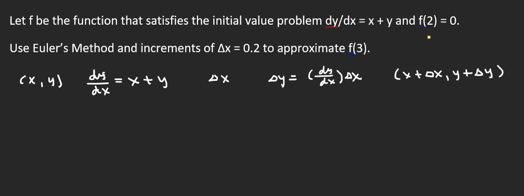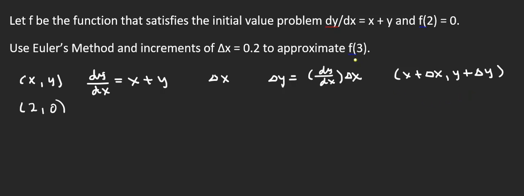So basically we have an initial value: when x equals 2, y is 0. Okay, so we're going to add delta x and delta y to get the next value.